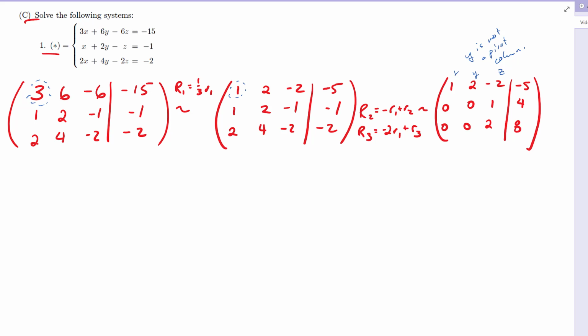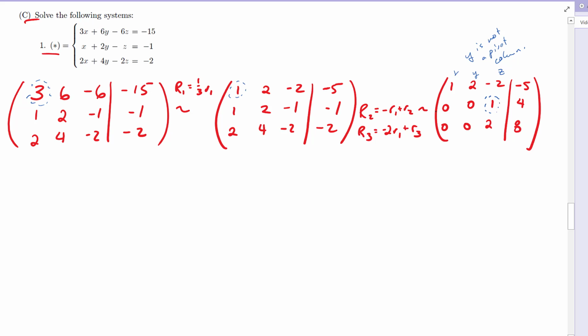So this will then be our next pivot position here. Notice we had a pivot position in the first column. We got a 1 there and zeros below it. We could not get a pivot position in the second column. So we moved on to the third column, and we've now got a pivot position there, and in this case it happens to already have a 1.